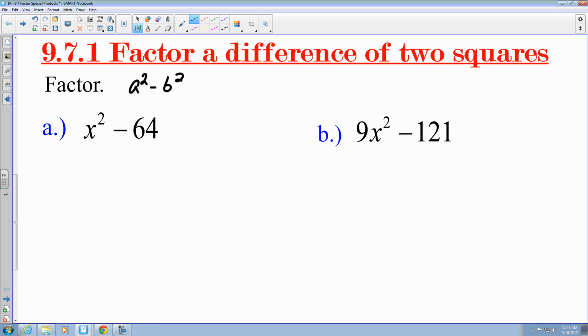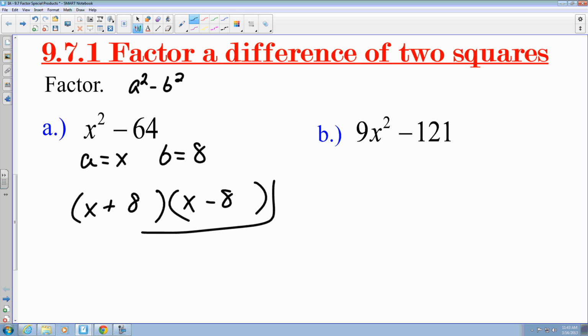It fits the formula, and a in this case would equal x, b in this case would equal 8, because 8 squared would give me 64. So then all I have to do is write it into the equation, substituting x in for a and 8 in for b. So this would be x plus 8 times quantity x minus 8.